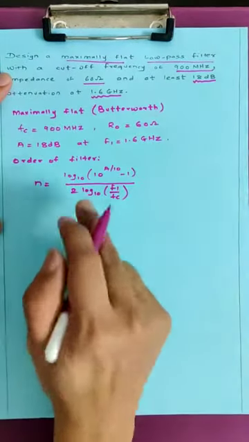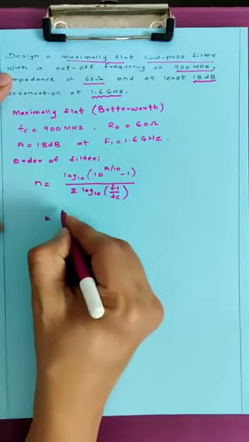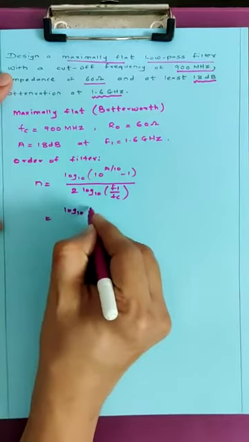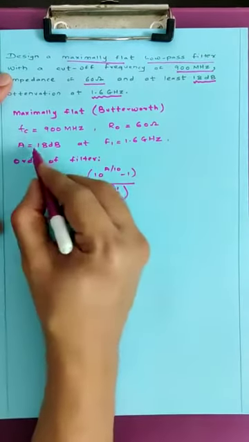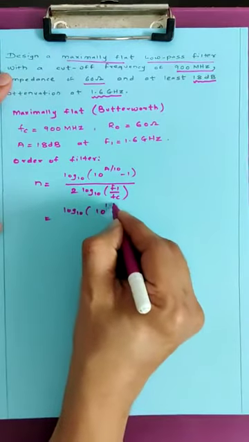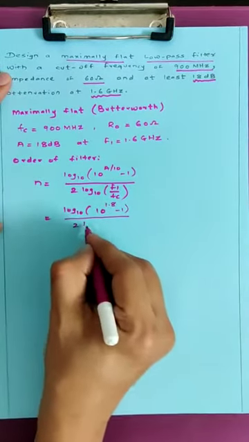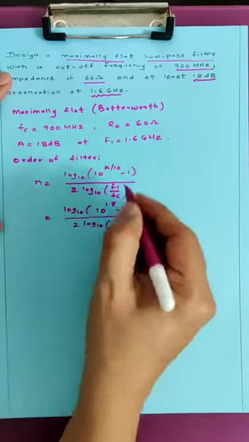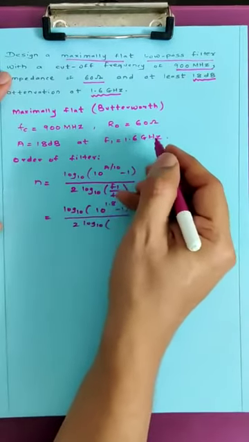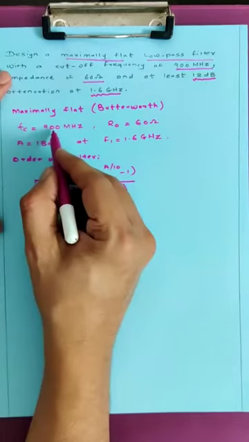So we substitute this data. It goes like this: log to the base 10 of 10 to the power A by 10, so it will become 1.8, minus 1, divided by 2 log to the base 10 of f1, 1.6 gigahertz, and here fc is in megahertz.